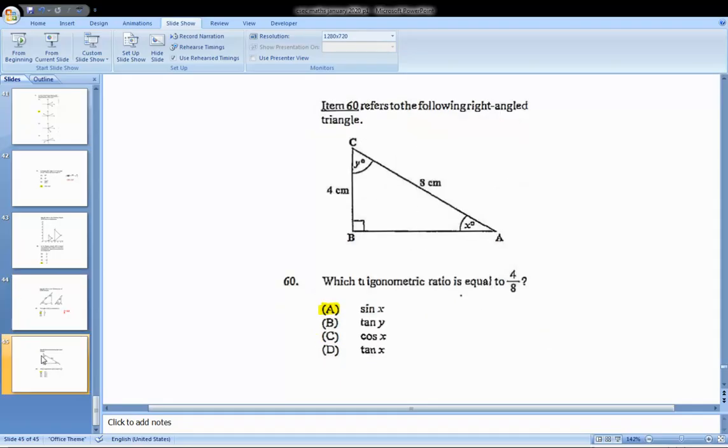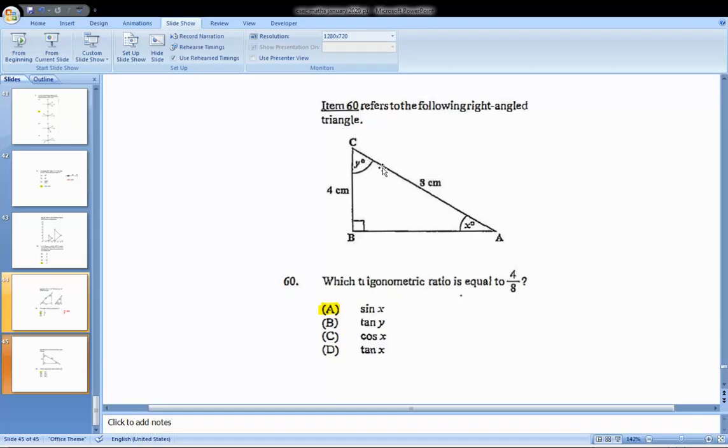Let's take a look at our final question. Item 60 refers to the following right angled triangle. Which trigonometric ratio is equal to 4/8? Now we know the trigonometric ratios are SOHCAHTOA. They want us to find the trigonometric ratio 4/8, which means that it would be BC right here over AC.